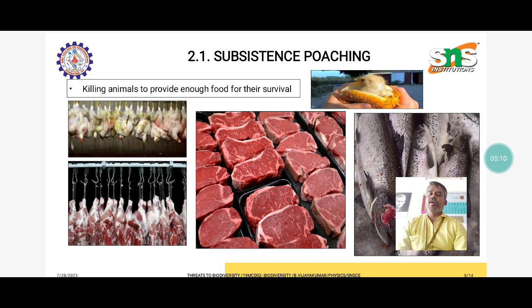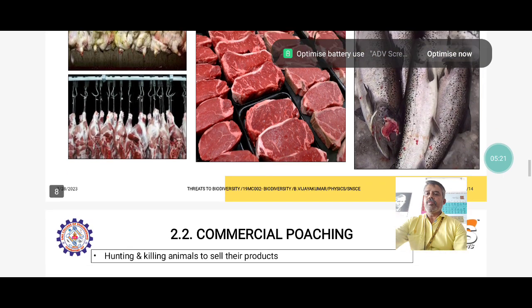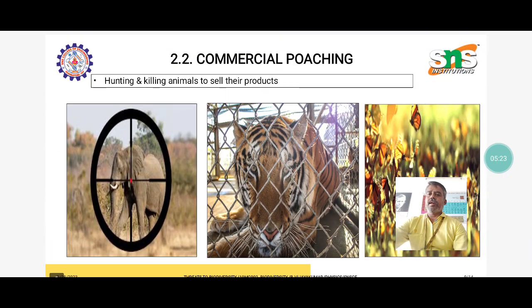This is the category of subsistence. The second category is commercial poaching, which is hunting and killing to sell their products. Animal products are used in nutrition and beautician products.